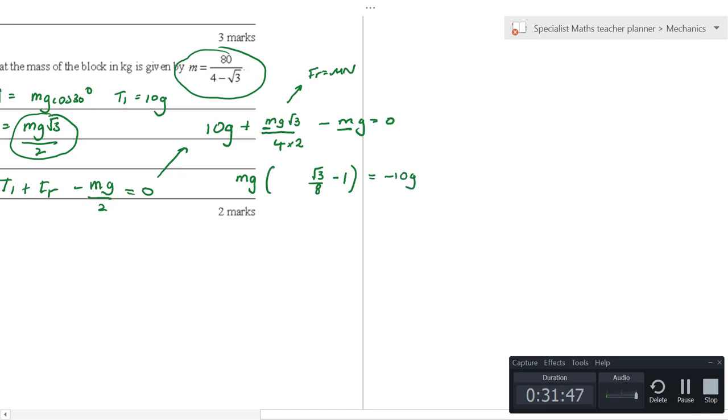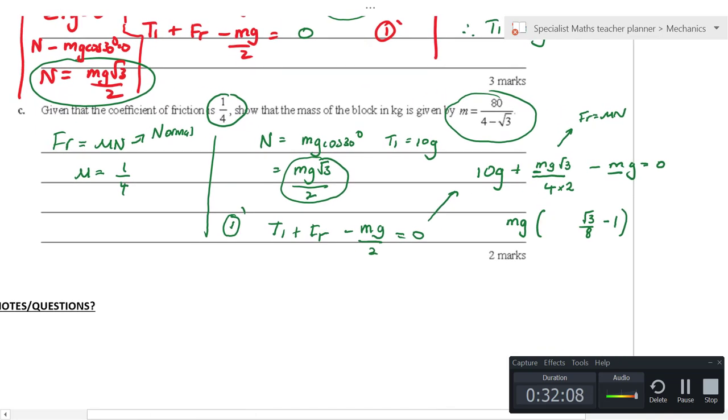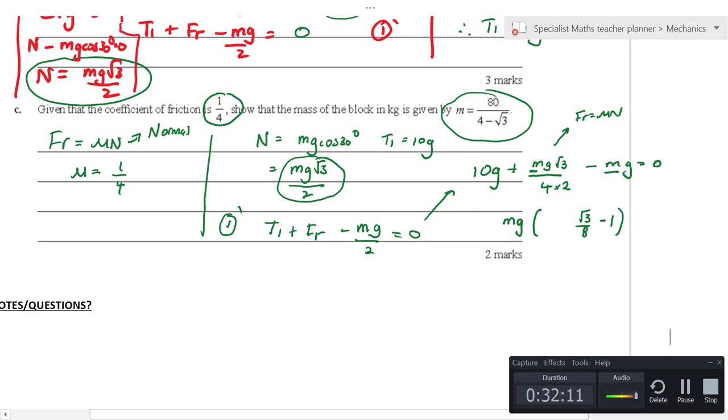Let's just get it to the other side. Actually, I'm going to keep that 10g over this side. And by the way, it says here show. Can I just show you?